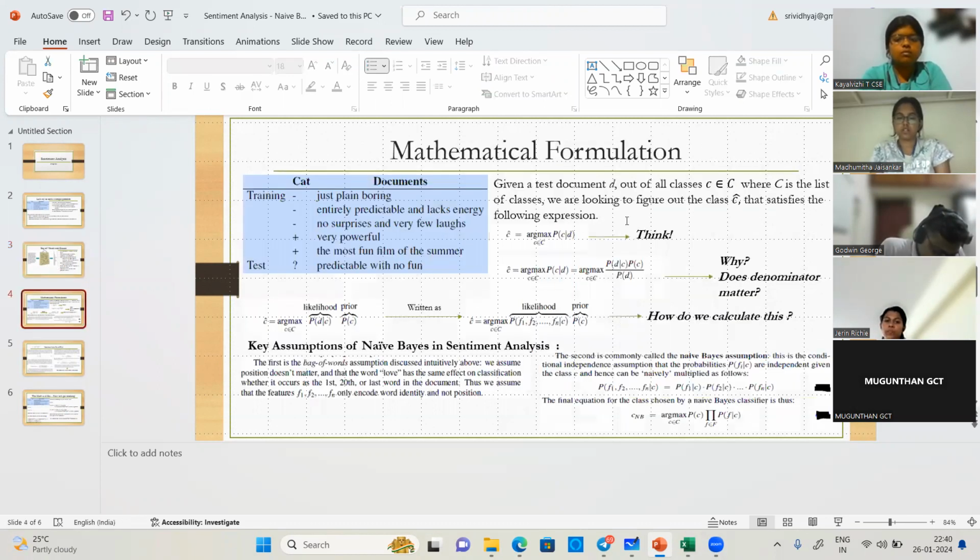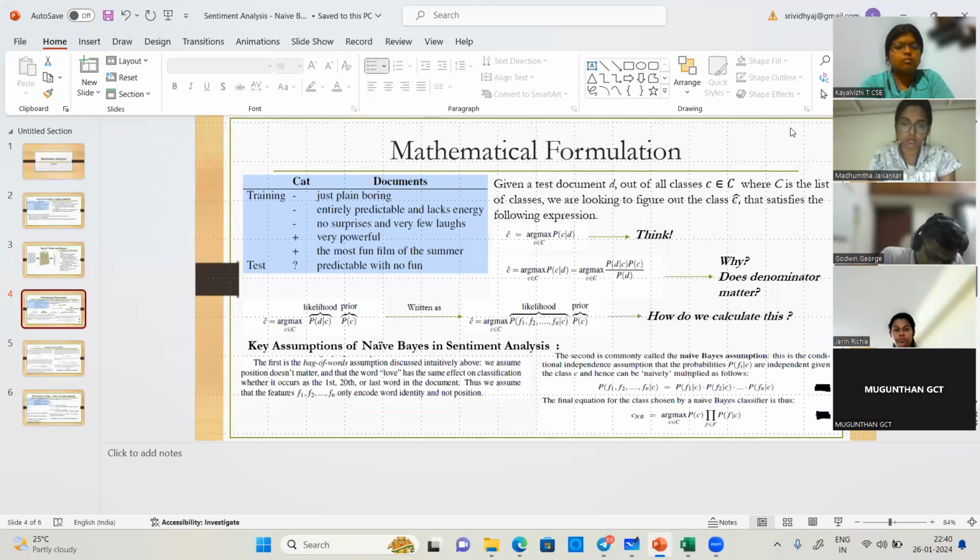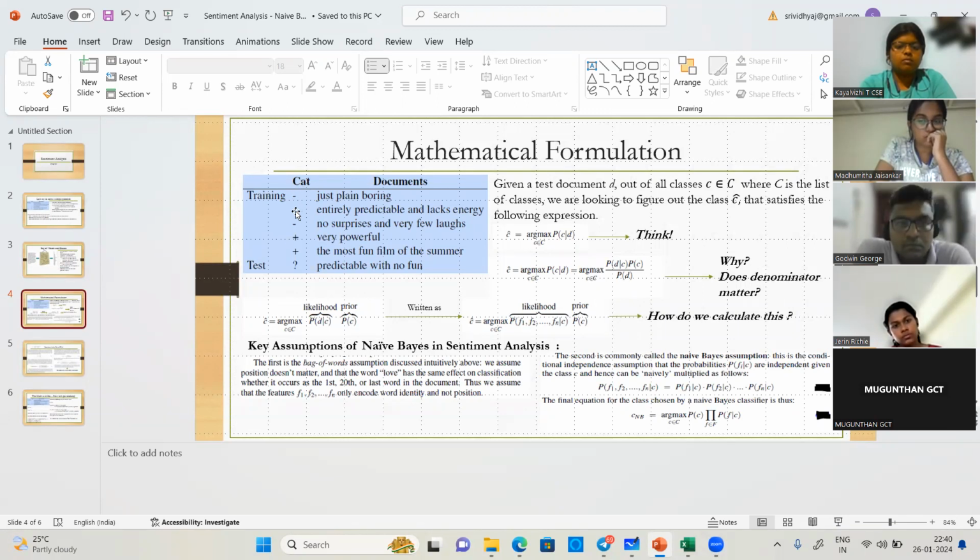Now, this is a bit involved. So just follow me carefully, okay? To the left, of course, each row is a document. The document is assigned a sentiment, negative or positive. What are we trying to figure out?